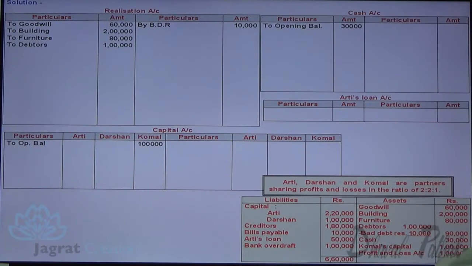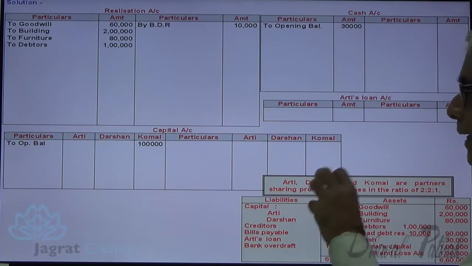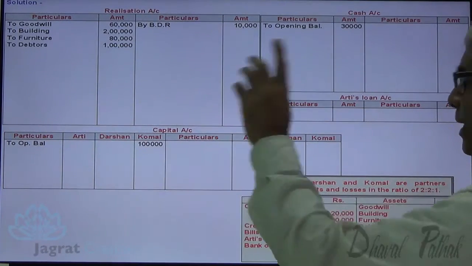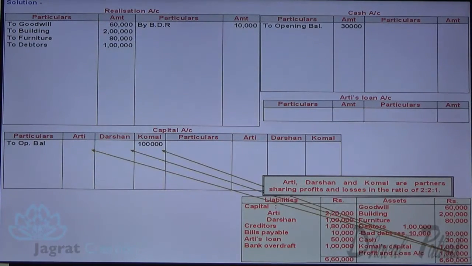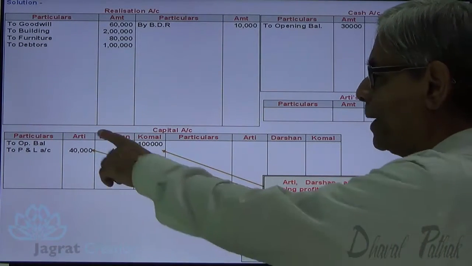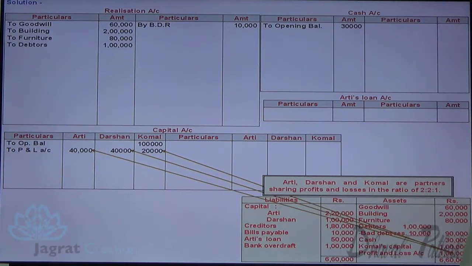Profit and loss account 1 lakh will be distributed in the ratio of 2:2:1. So, if this 2:2:1 ratio is applied to 1 lakh loss, then 40,000, 40,000 and 20,000 is the share in this loss of Aarti, Darshan and Komal. Let me distribute this 1 lakh in the ratio of 2:2:1. The amount debited to the partners' capital account is 40,000, 40,000 and 20,000. This is how I completed the debit side of the balance sheet.